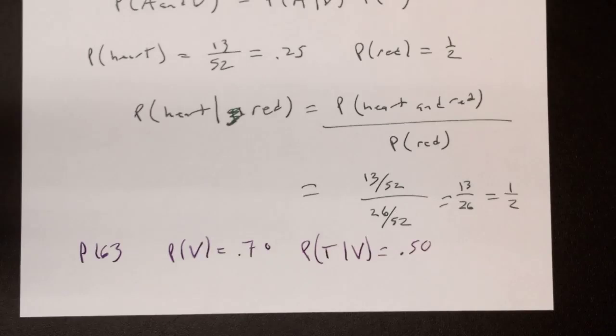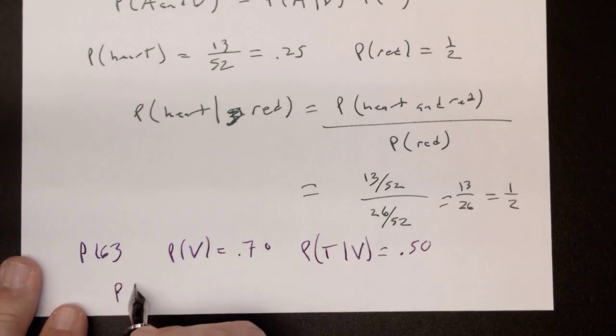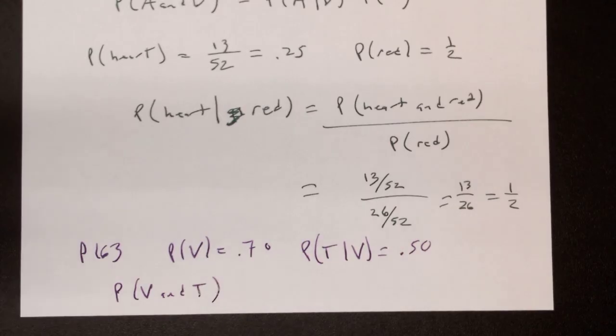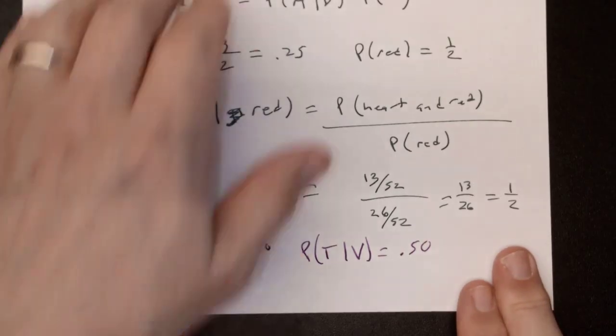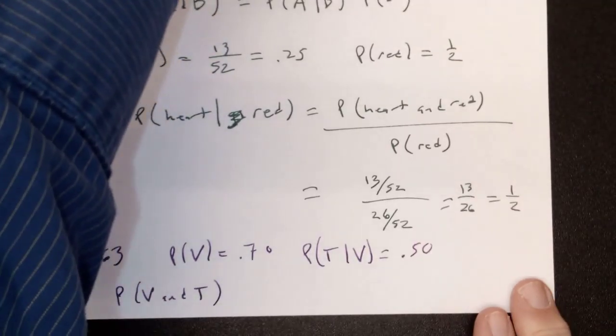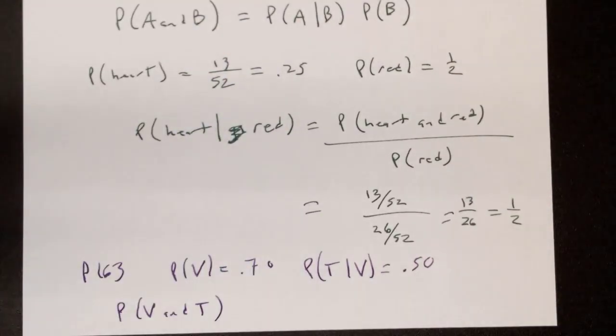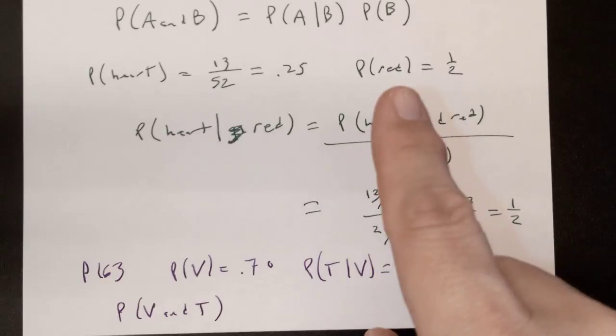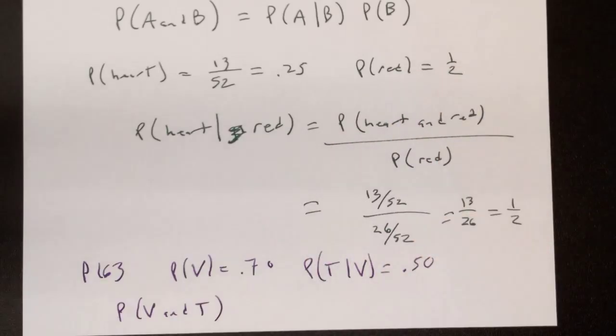We're trying to find the chance that it was video on demand and TV pay-per-view. Video on demand and. Using my formula up here at the top of the page, P of A and B is P of A given B times P of B.